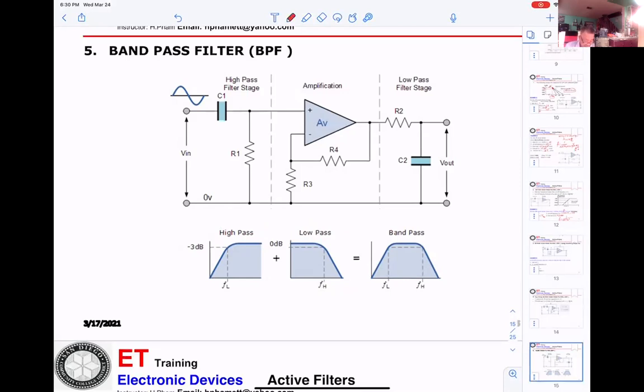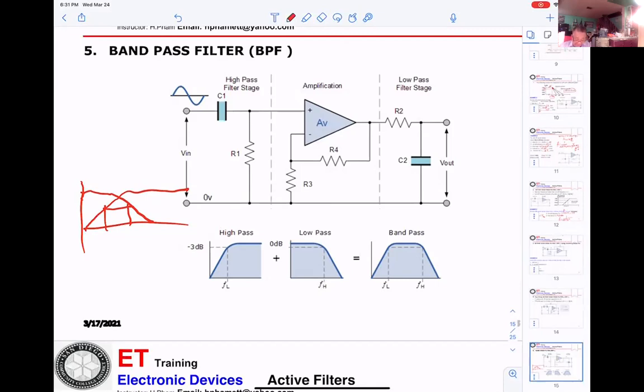The thing is, you can see this is the high pass filter going this way, and a low pass filter, they go the other way. So this is the band pass filter. The band pass filter combines the high pass circuitry and the low pass circuitry to make the band pass.